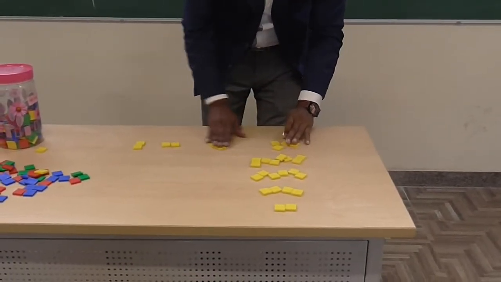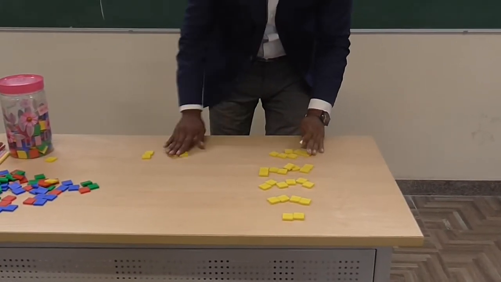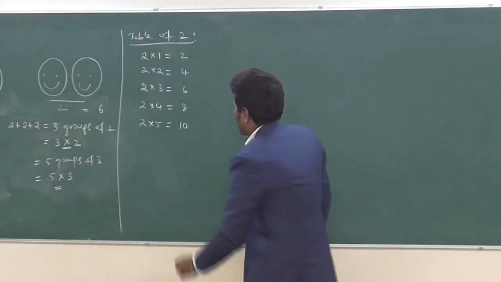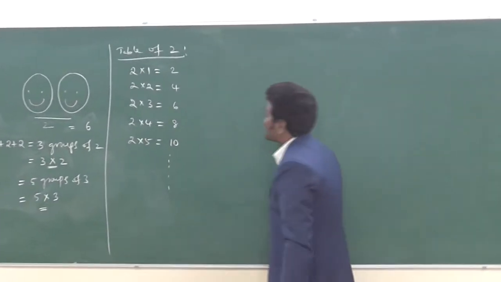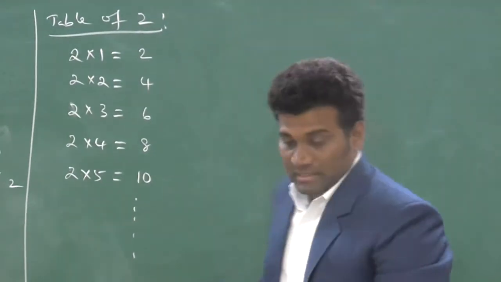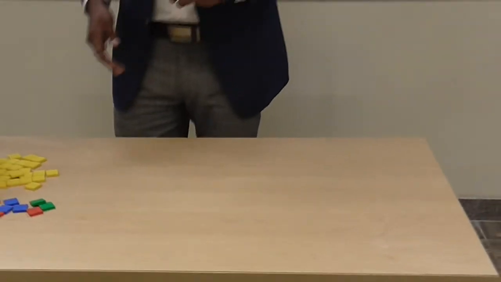That is 2 plus 2 plus 2 plus 2 plus 2, total 10, and so on. So like this we'll make the multiplication table of 3.